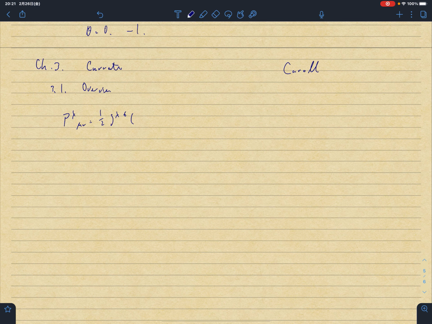Gamma, the Christoffel symbol, mu sigma, and so on. I think this is the first type of symbol. So I almost forget.